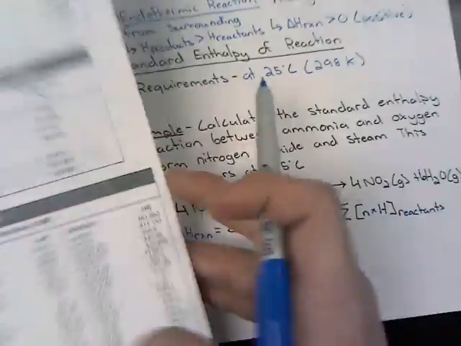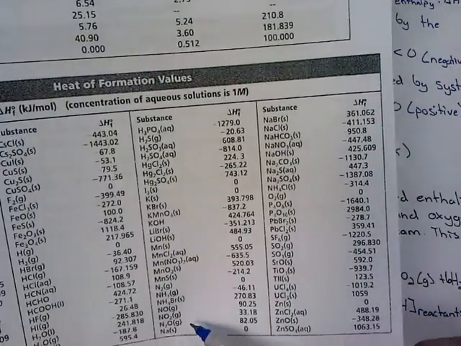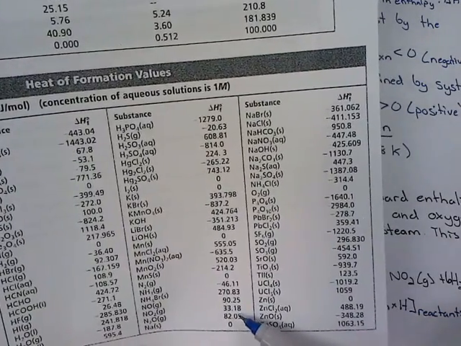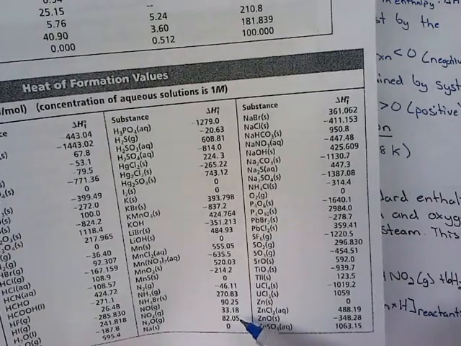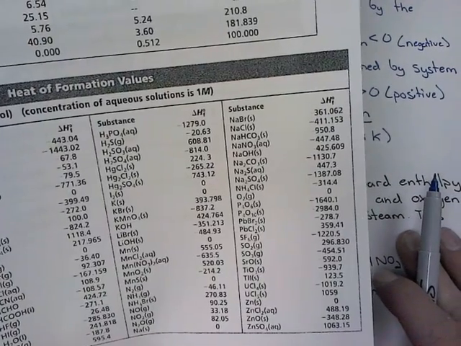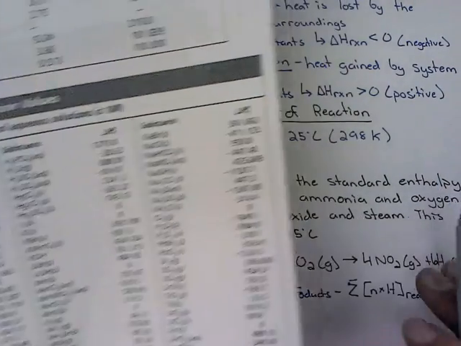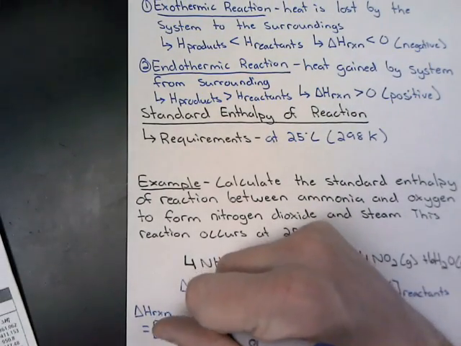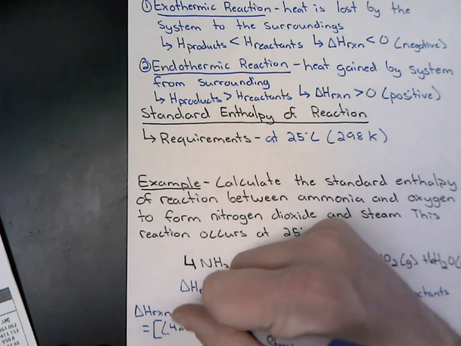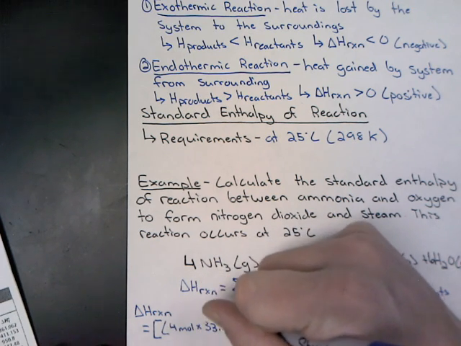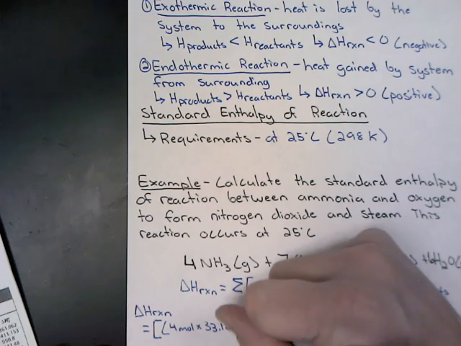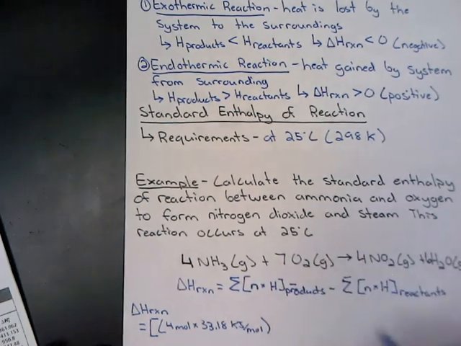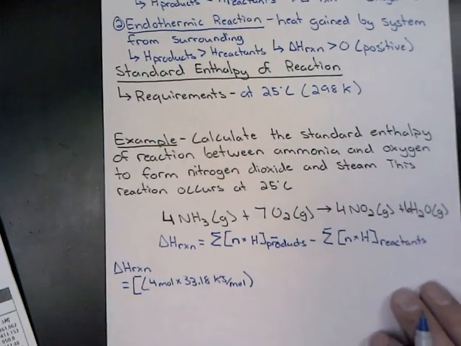So on this chart, once again, we find NO2, and we have it right here. NO2 is 33.18 kilojoules per mole. So what I do is I write down 33.18 kilojoules per mole, and I close the first set of parentheses.